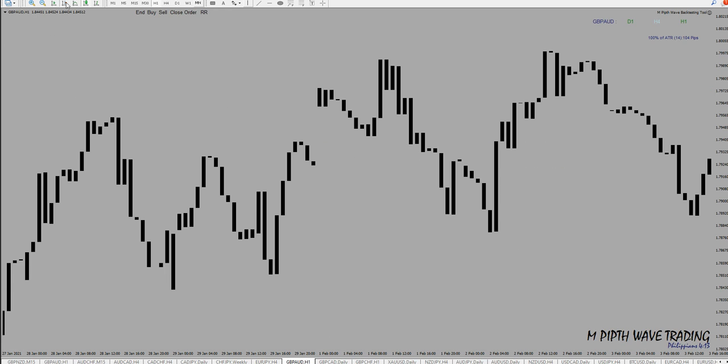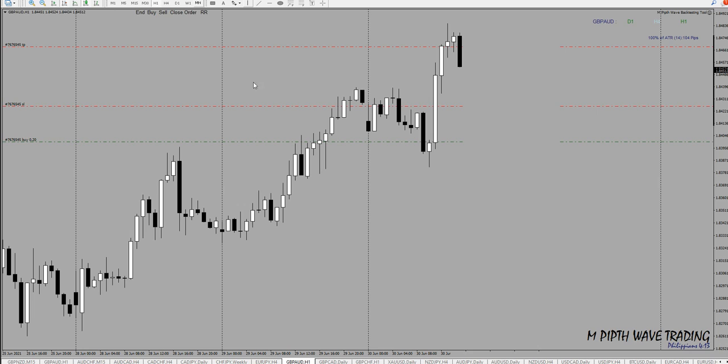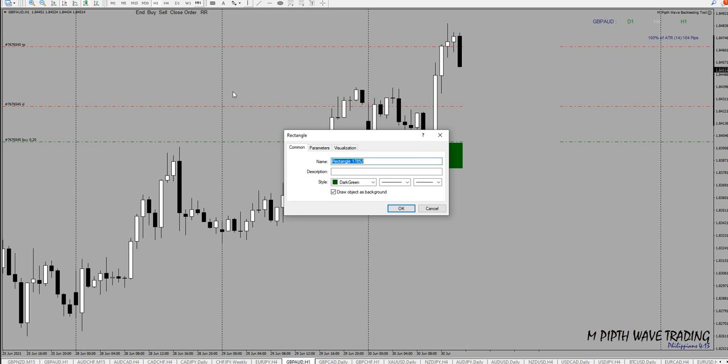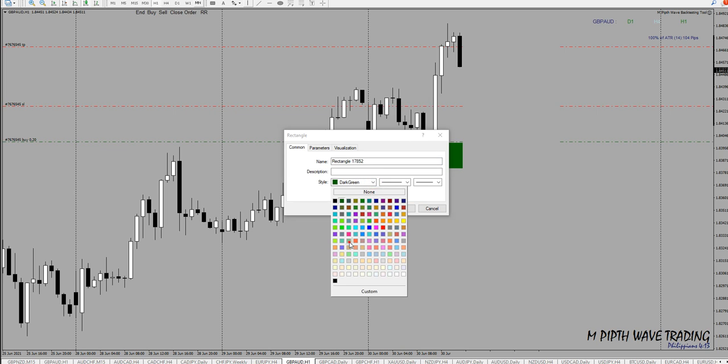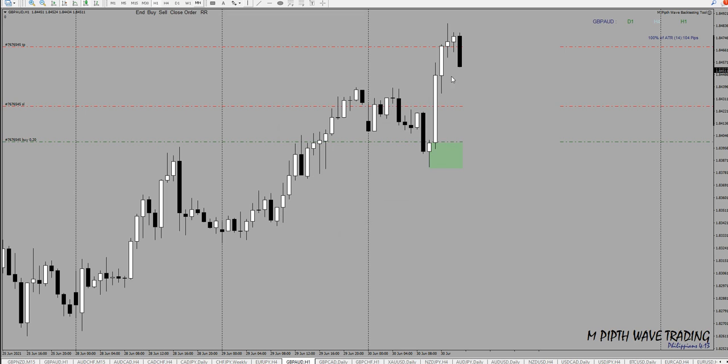That was 6:30. Okay, this was the price, and then minark natin itong daily 1 hour demand. Okay, this is 1 hour demand, and ang goal natin o ang pinaka-plan ko dyan is I will wait for the price to tap the zone.